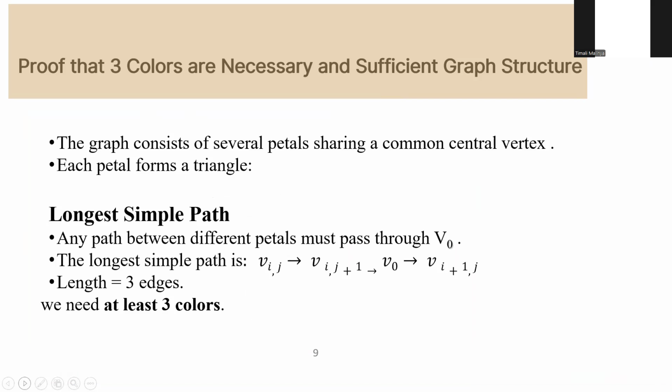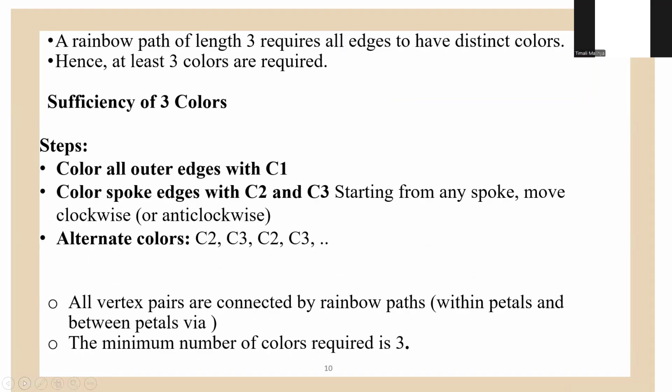The longest simple path is as I mentioned here. Path length is 3 edges. We need at least 3 colors. A rainbow path of length 3 requires all edges to have distinct colors. Hence, at least 3 colors are required.